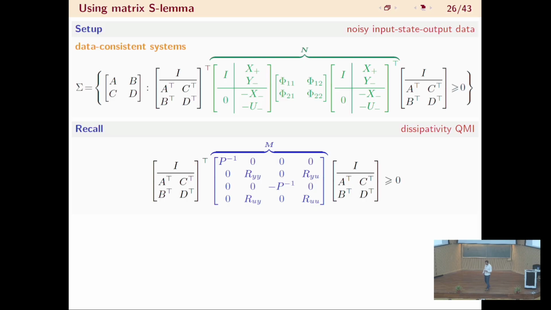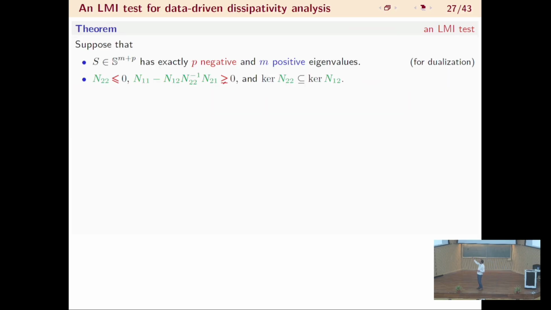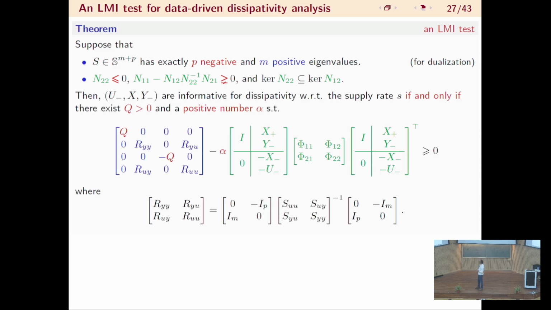Very good question. I can explain. I didn't explain all the details, but here is the theorem. To begin with, if this LMI is feasible, then we are done. And we have a positive definite storage function. I can take the inverse of Q, right? But the other way around, I do not know that the storage function needs to be positive definite, right?